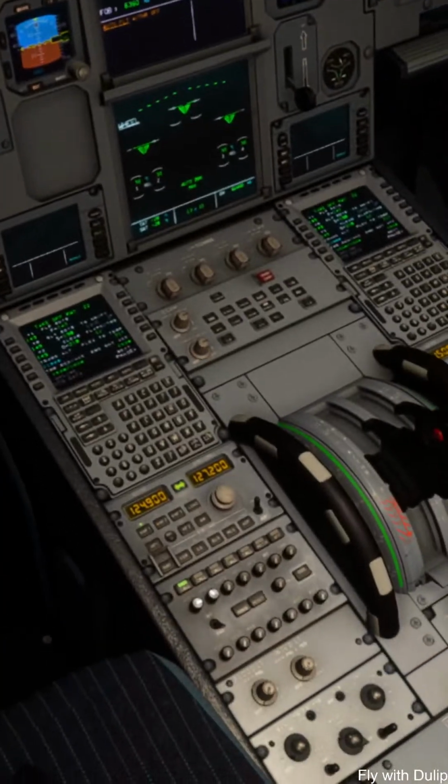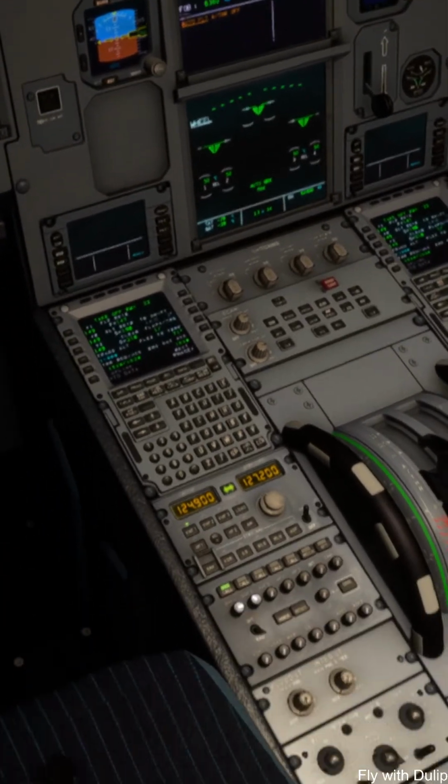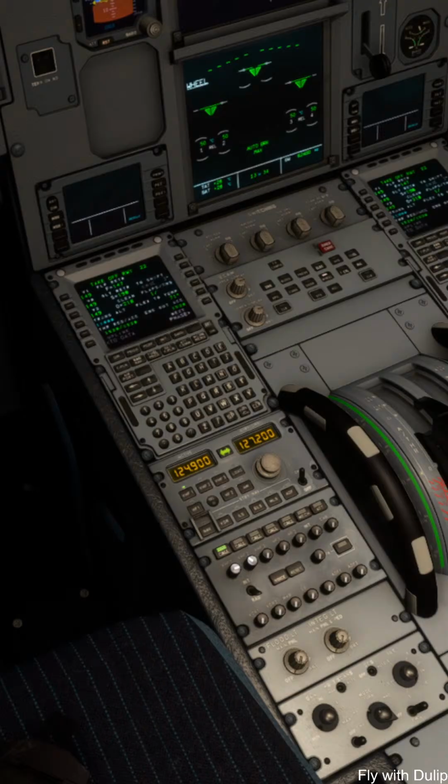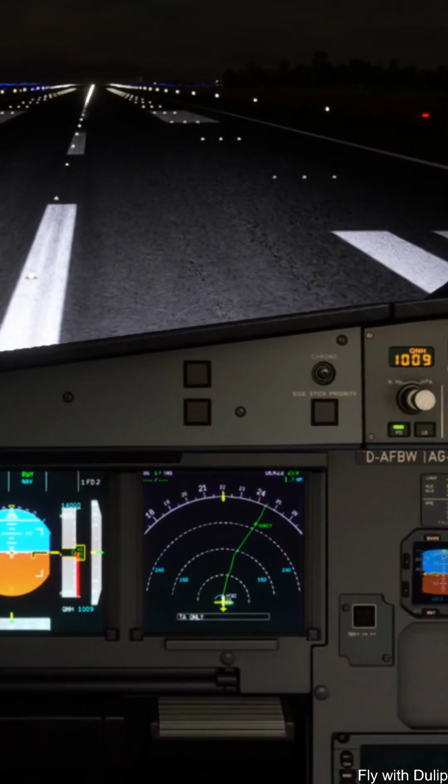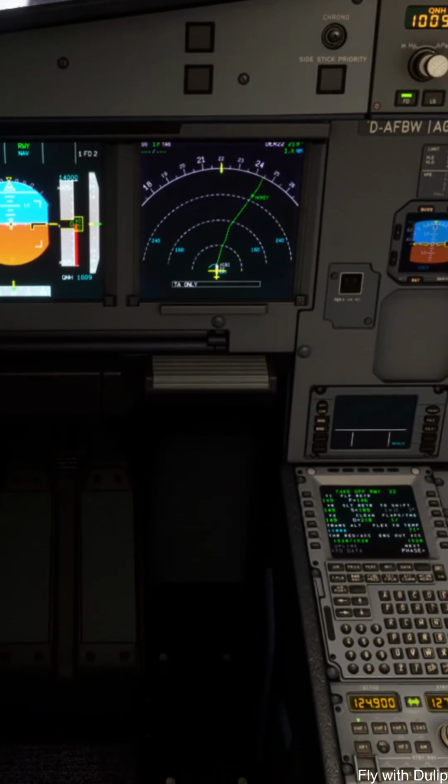Check flaps. Takeoff position. Takeoff config.